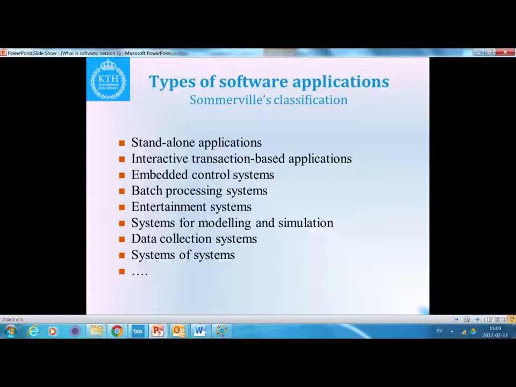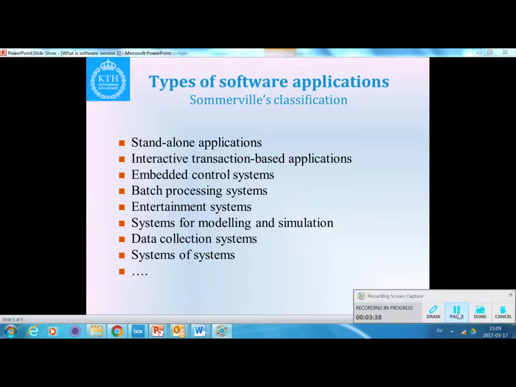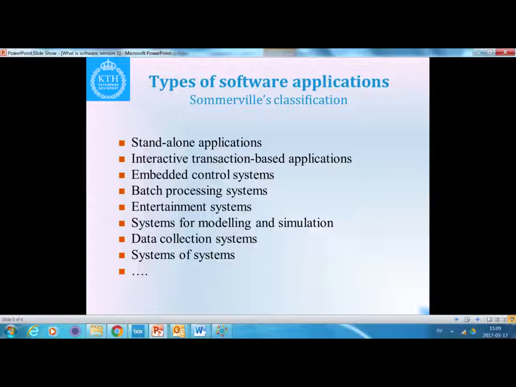We have many types of applications. You probably have heard about standalone applications. Applications that stand alone, they work offline and they do not need any internet connection. We have interactive transaction-based applications, for instance ATM machines. We have embedded control systems that provide a function to a larger mechanical or electrical system.